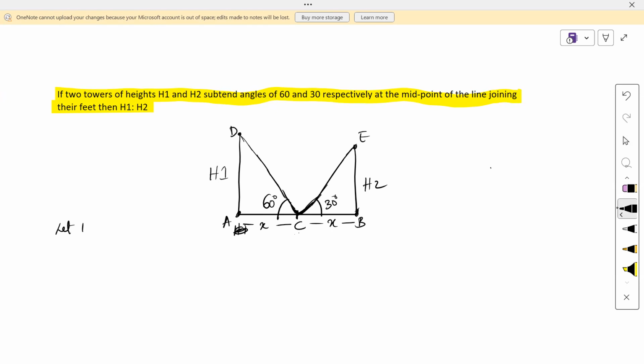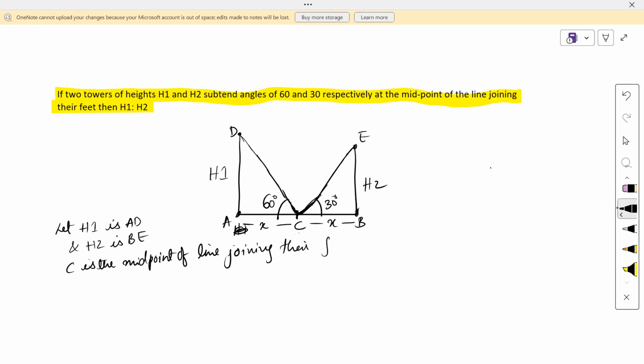So let h1 be AD and h2 be BE. C is the midpoint of the line joining their feet, AB.